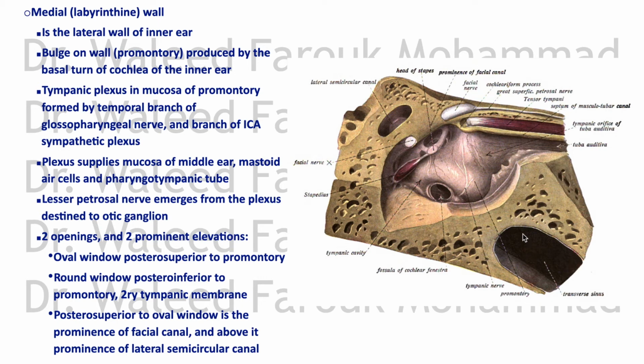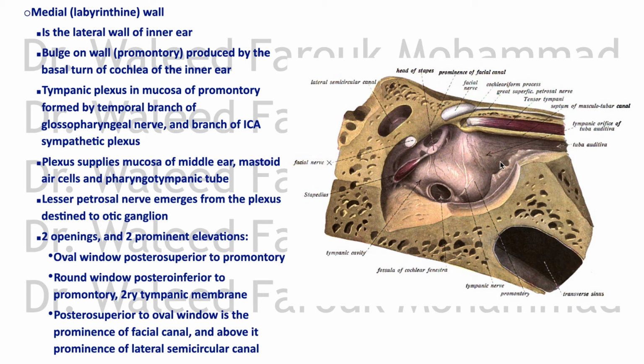Okay, sorry, not this one. In the canal, anteroinferior, the internal carotid sends sympathetic fibers from its plexus to join the plexus. So the plexus is formed primarily by the glossopharyngeal tympanic branch and a sympathetic component from the plexus around the internal carotid artery.